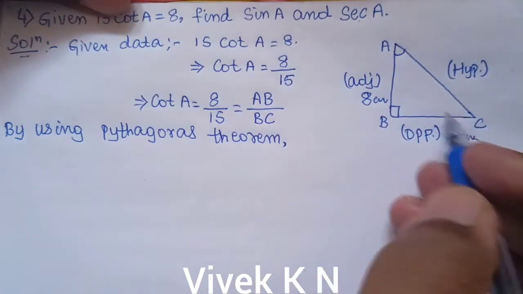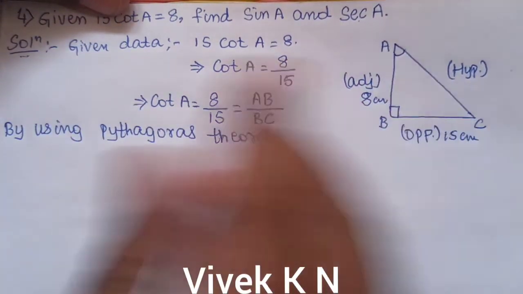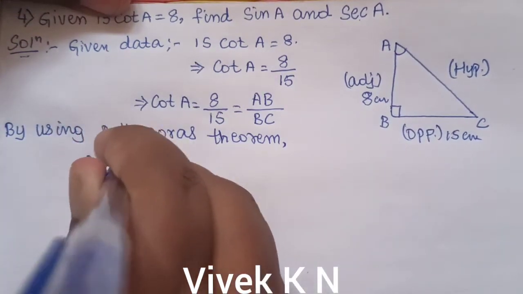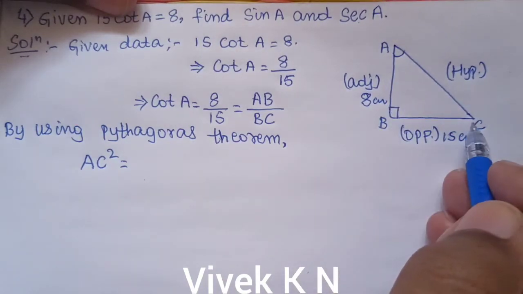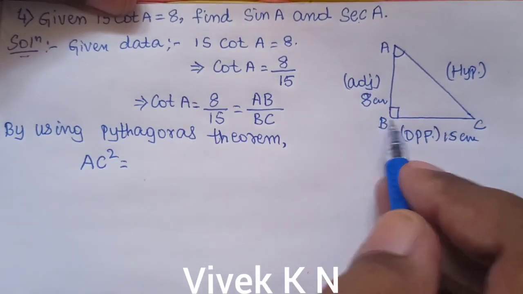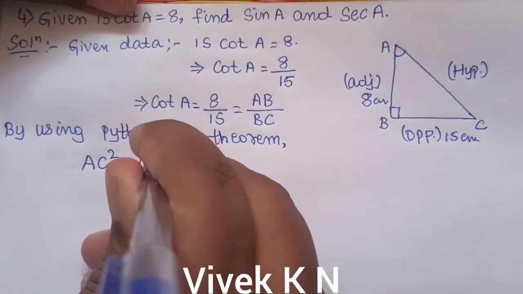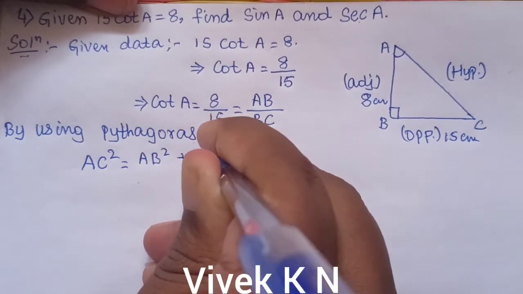Pythagoras theorem is stated as the hypotenuse square, that is AC square, is equal to the sum of the squares of the other two sides of the right angle triangle, that is AB square plus BC square.